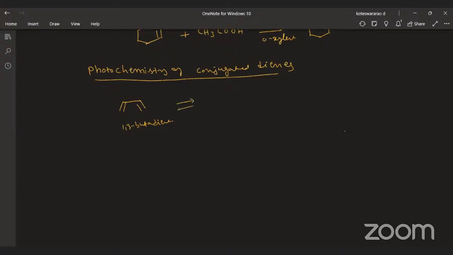If it is in the trans form, this is s-trans butadiene, and this is s-cis 1,3-butadiene. Here the s represents the sigma bond. Such kinds of molecules are known as conjugated dienes.